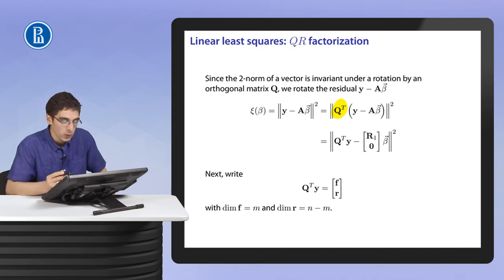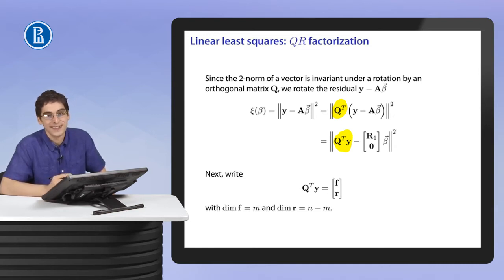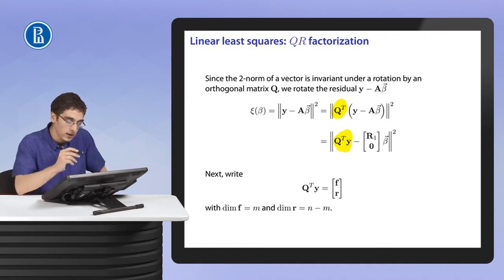And once we open the brackets, we'll have our observation vector rotated by Q transpose. And in the second term, we factorize A into Q and R. Q transpose times Q is a unit matrix because it's orthogonal. So what we get is this upper triangular part acting on the vector of unknowns.